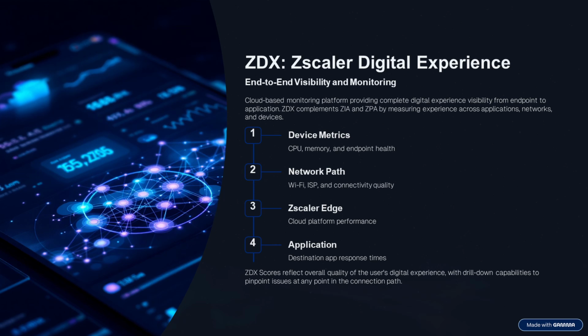And ZDX ensures that all of this security doesn't come at the expense of user experience by providing the monitoring and diagnostics needed to keep performance high. All three services operate on the same Zero Trust Exchange platform, with shared identity and policy context, which is what makes Zscaler for Users greater than the sum of its parts.